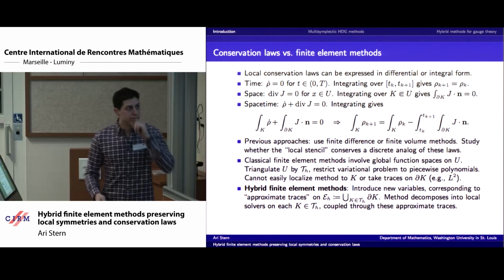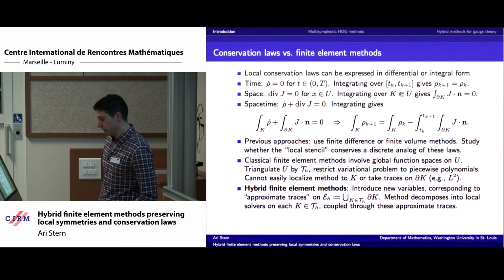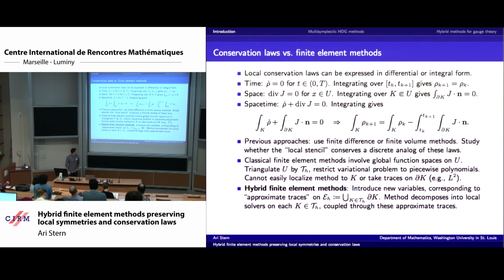However, there's a class of finite element methods called hybrid finite element methods that work as follows. The basic idea is that, first of all, you relax your global function spaces on U so that you can have things being completely discontinuous between different simplices. So you don't have any continuity conditions at all enforced between the functions in one simplex and the functions in its neighboring simplices.